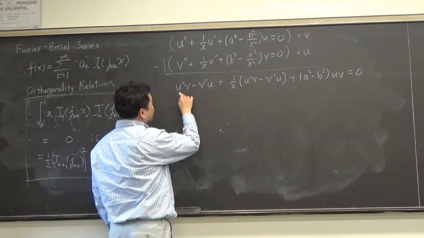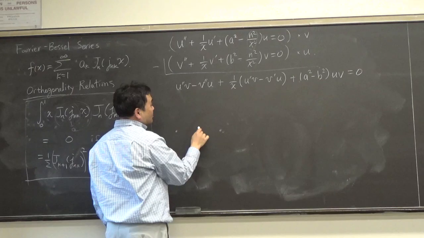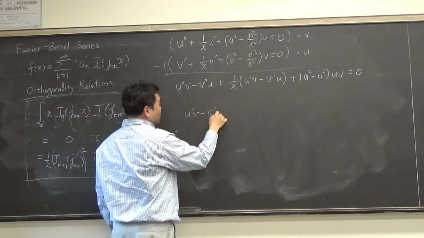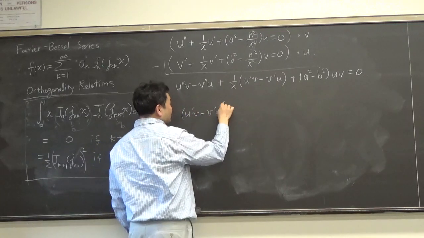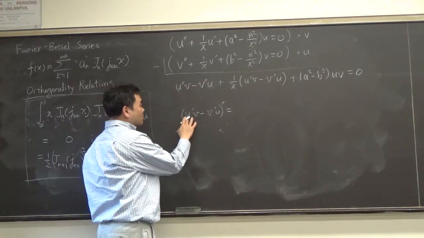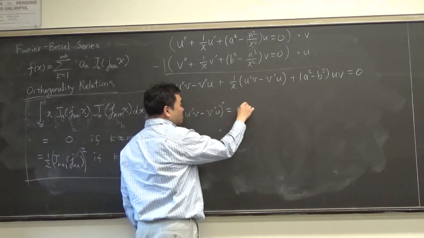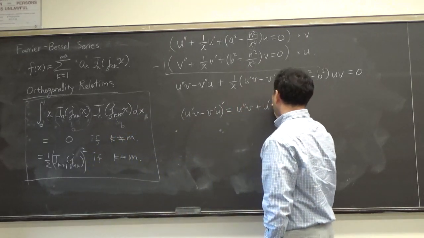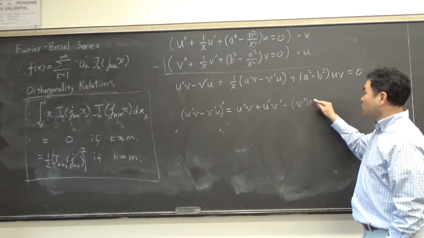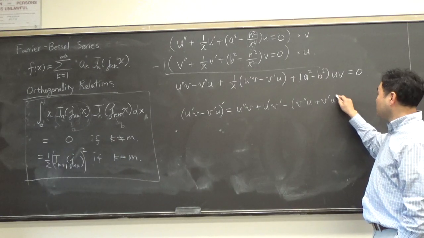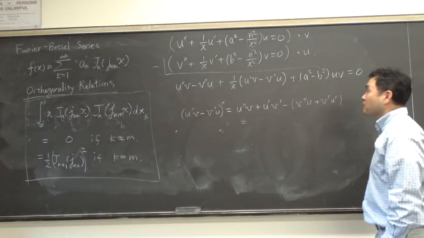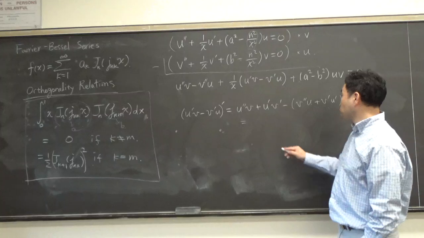Now you do something funny. You take u prime v minus v prime u, and let's see what happens if you differentiate this using the product rule. What is the derivative of u prime v minus v prime u? That's u double prime v plus u prime v prime, minus v double prime u plus v prime u prime. That's equal to u double prime v minus v double prime u.